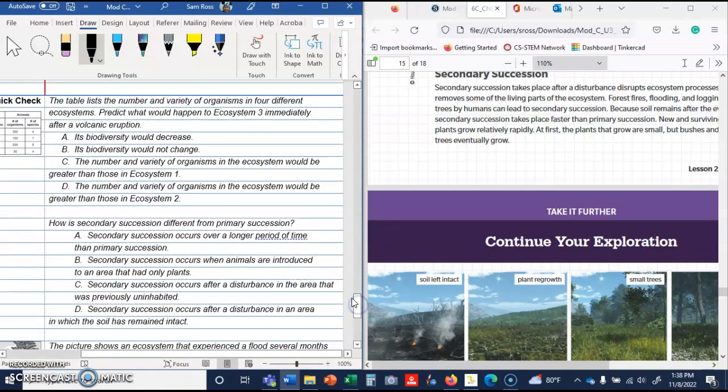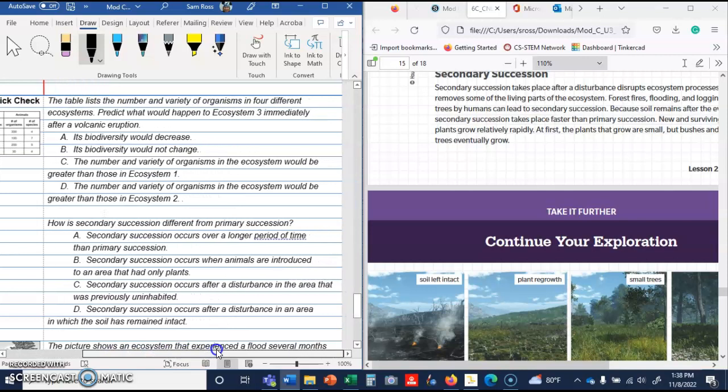Okay. And then the next question, it says the table lists the number and variety of organisms in 4 different ecosystems. I don't know if you can actually see what's on the table. Hopefully it's better on your paper, but it says predict what would happen to ecosystem 3 immediately after a volcanic eruption.